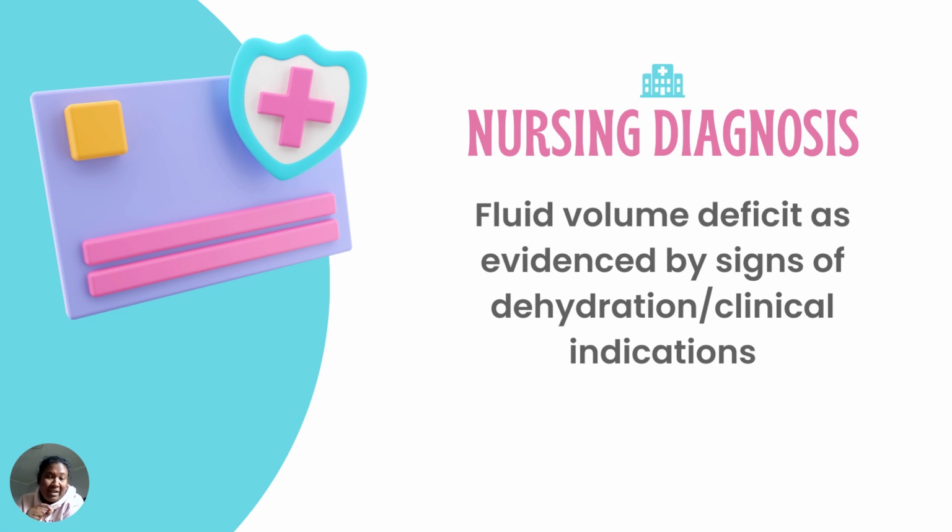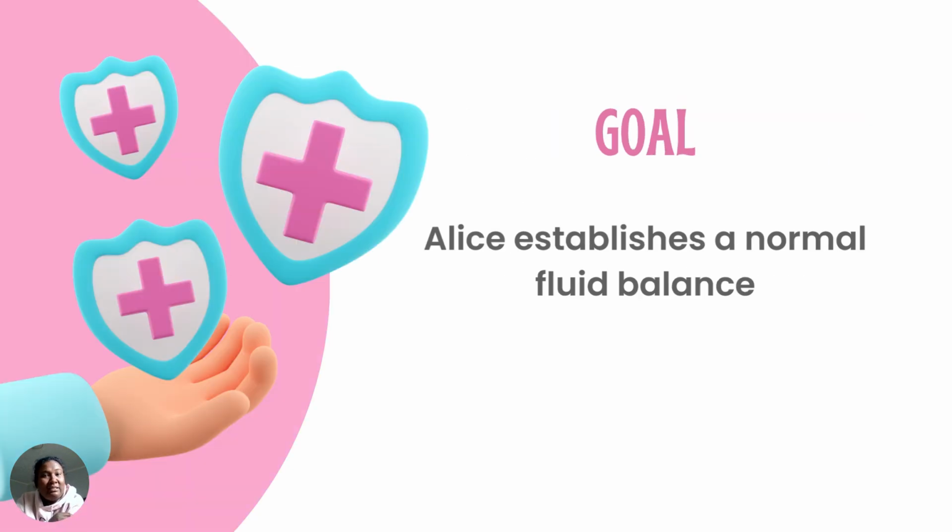For instance, I can say fluid volume deficit as evidenced by abnormally decreased blood pressure, sunken eyes, and verbalization of feeling tired most of the time. All right, so you can always paraphrase the nursing diagnosis based on the instances or based on the scenarios.